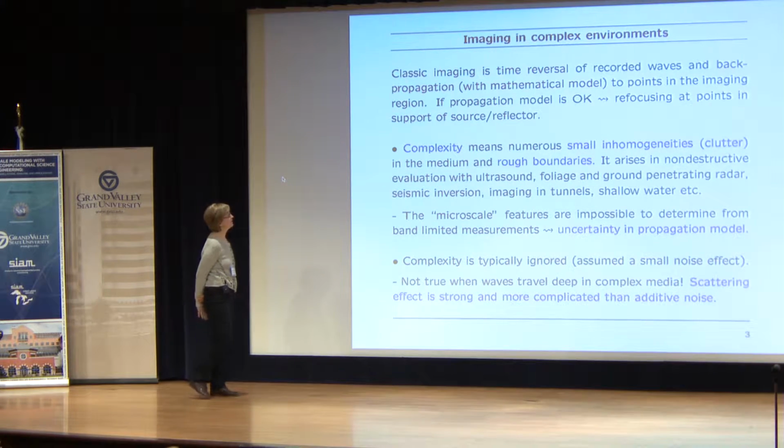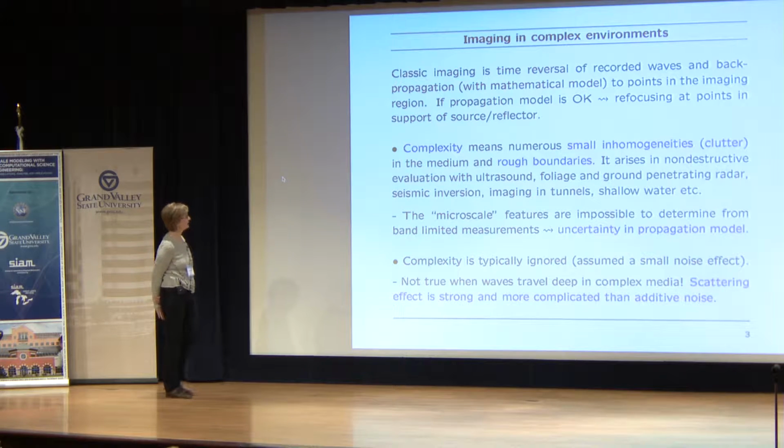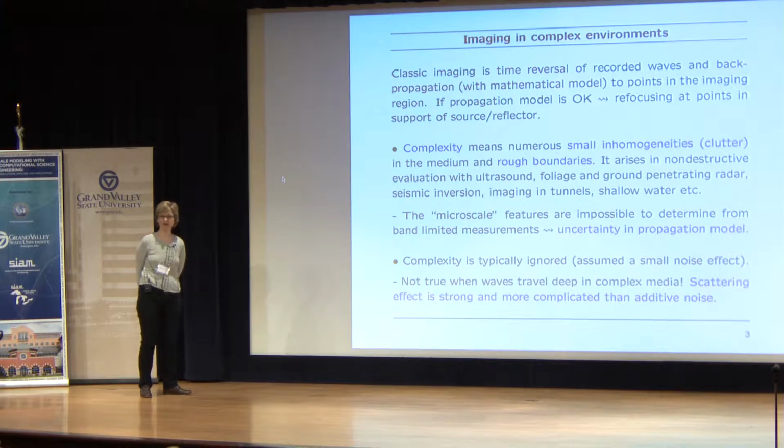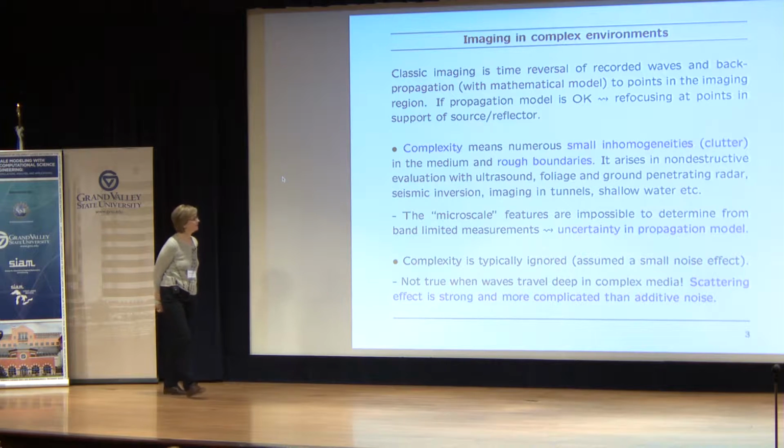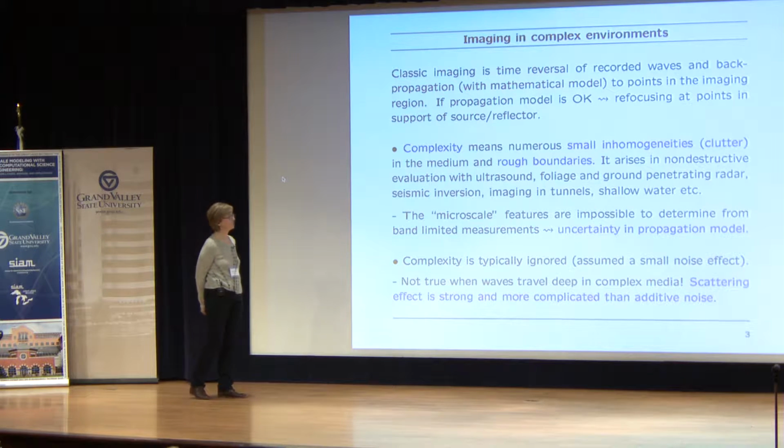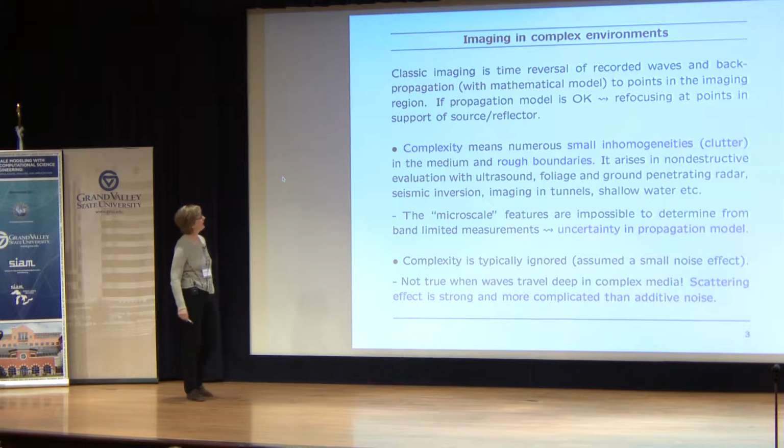But in general terms, classic imaging is the following. One takes the measurements at the array of sensors and time reverses them. Okay? So you record the measurements in time, and then you reverse them. And then you backpropagate these measurements to points at which you form an image.